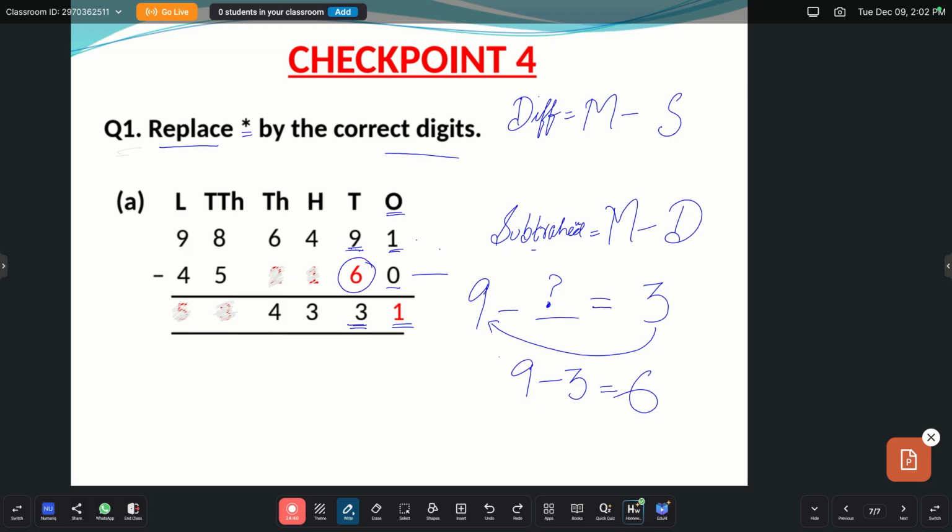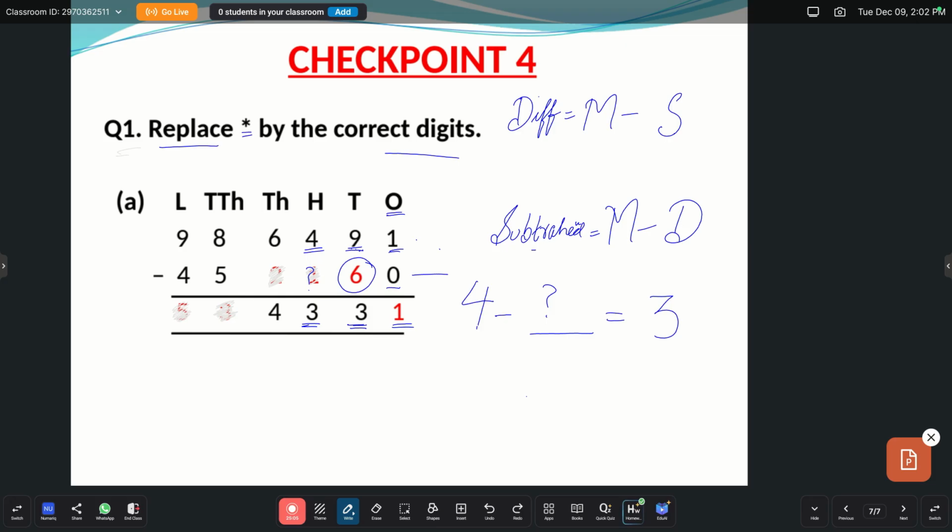Very good. Now we will move to our hundreds column. Tell me beta, here it is 4. Again, the digit at subtrahend is missing and the difference is given. So we will write it like this: 4 minus something is equal to 3.